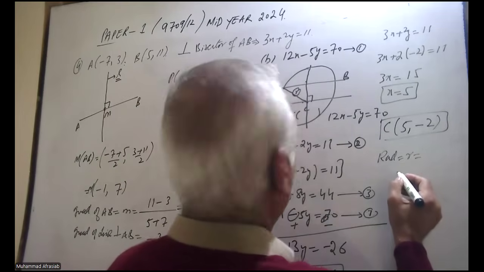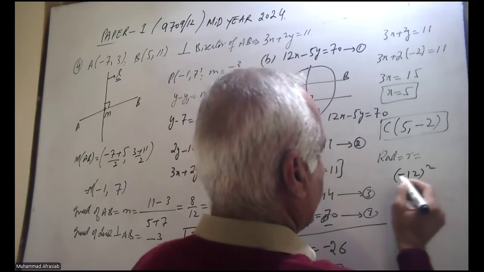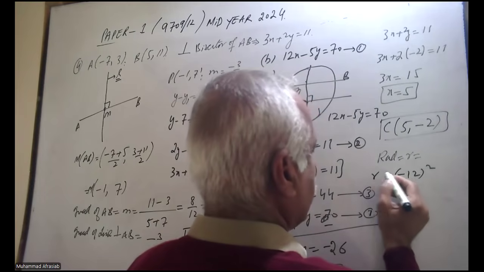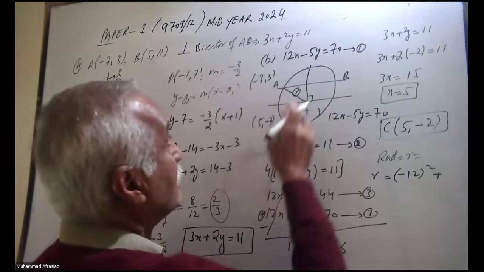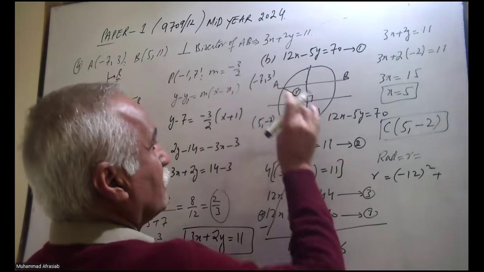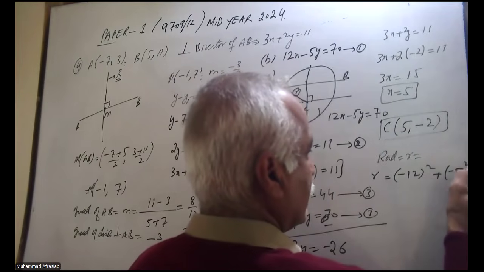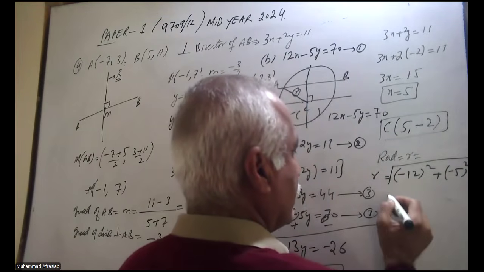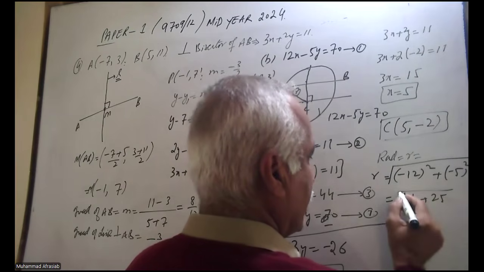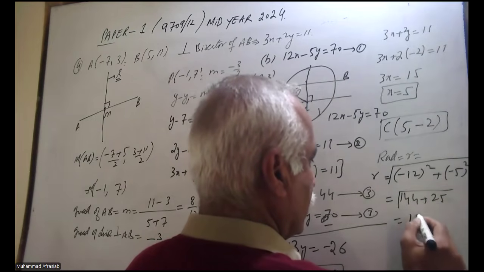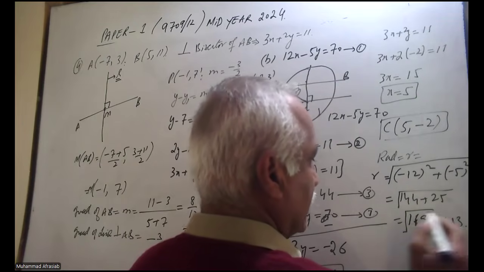So the radius will be equal to the square root of (-7 minus 5) squared plus (-2 minus 3) squared, that is (-12) squared plus (-5) squared. So it should be equal to the square root of 144 plus 25, that is the square root of 169, which is equal to 13.